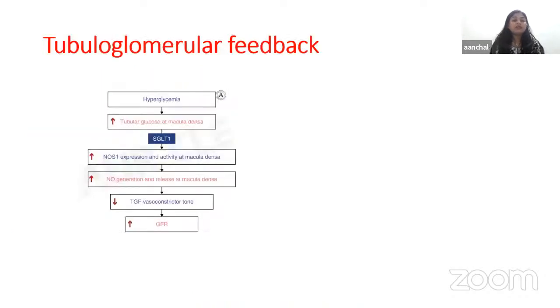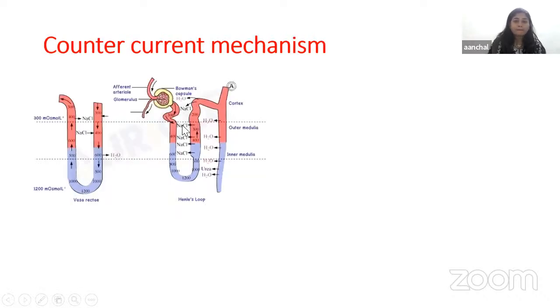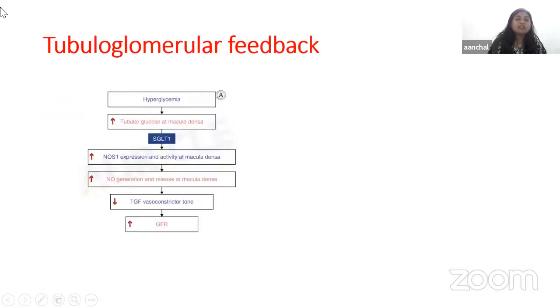Now, next we have tubuloglomerular feedback. This is the mechanism that regulates GFR through the renal tubule and macula densa.